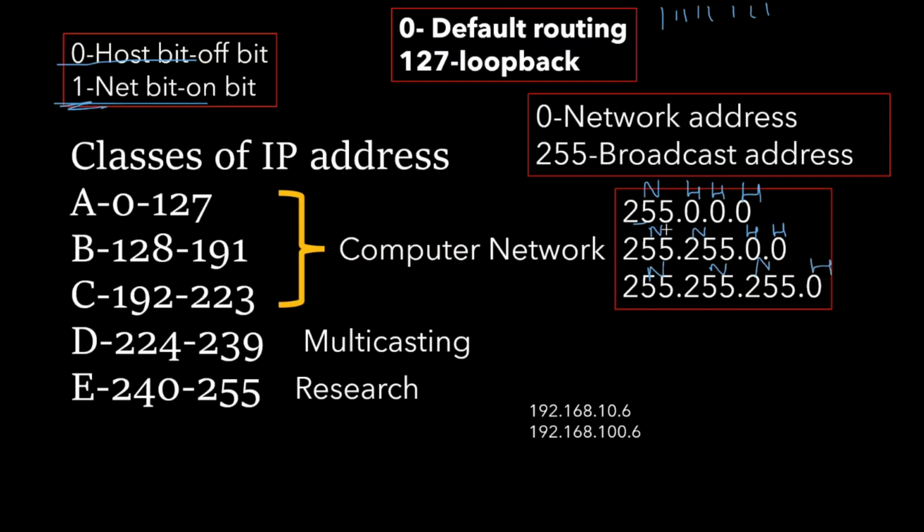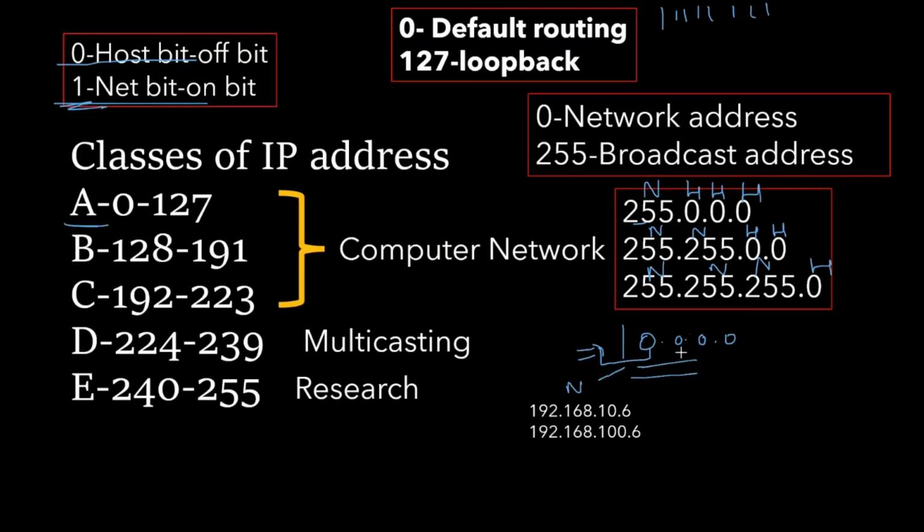Now, if you look at 255.0.0.0, here the first part is network. Suppose I take one IP address of class A, like 10.0.0.0. Which part can we make changes in? The first part is for network, so we can't change that part. If you change it, the network will change.